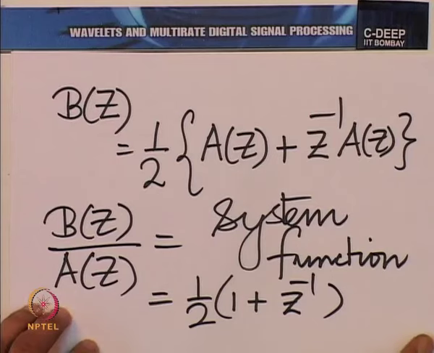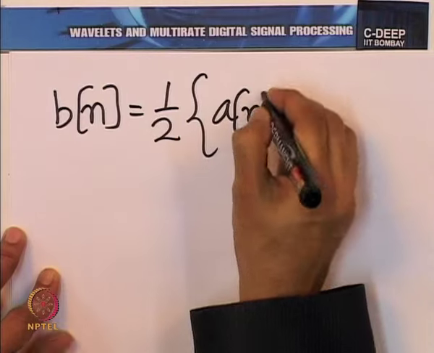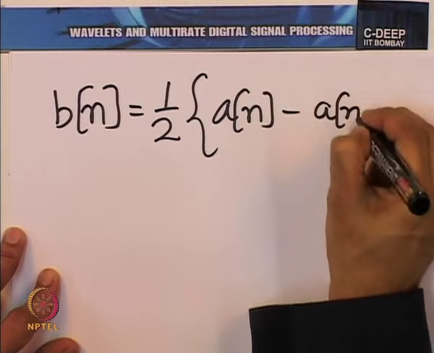In a similar manner, we can calculate the system function of the second filter. That is described by B of n is half of A of n minus A of n minus 1.